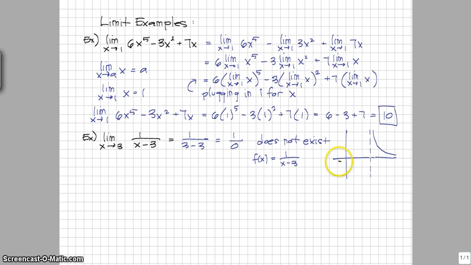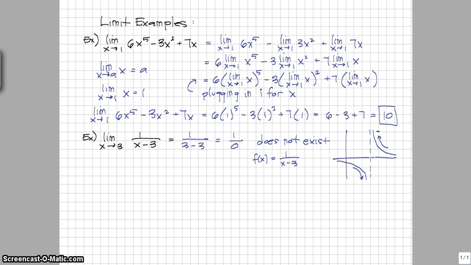When we have x values that are less than 3, we have negative outputs that go something like that. So when we're approaching 3 from the left, our function is headed towards negative infinity. When we're approaching 3 from the right, it's headed towards positive infinity.